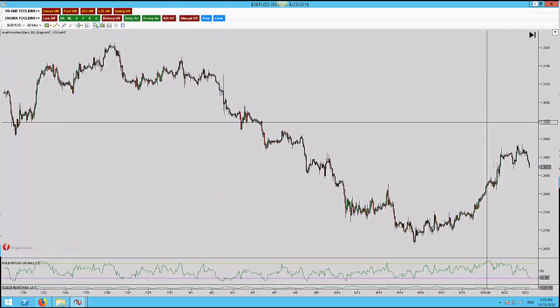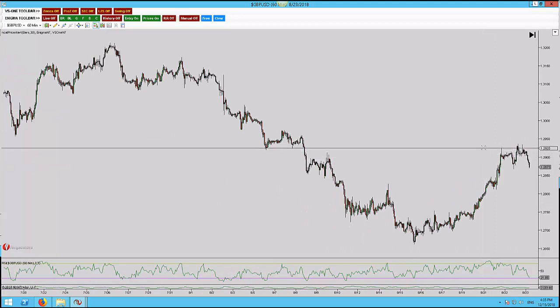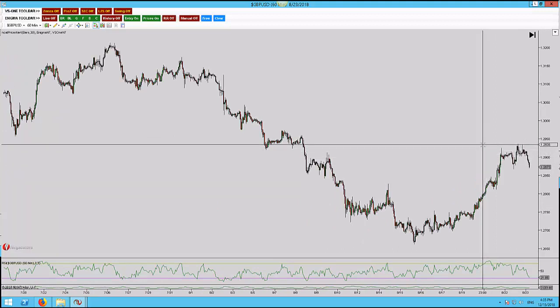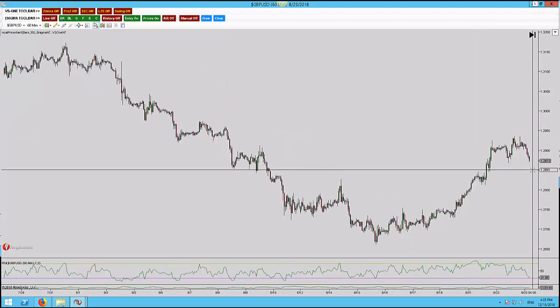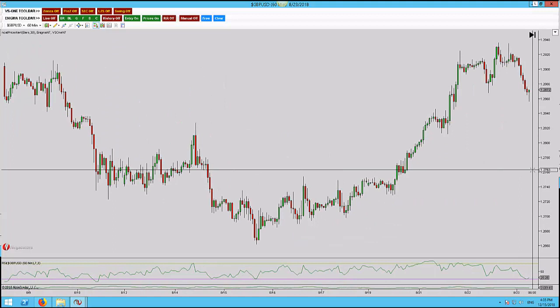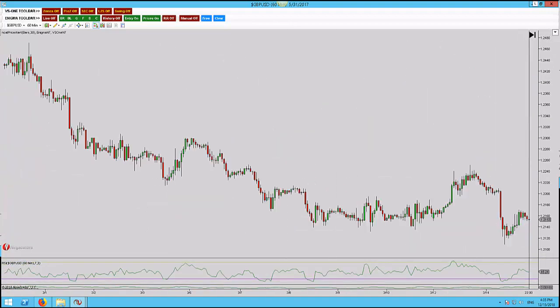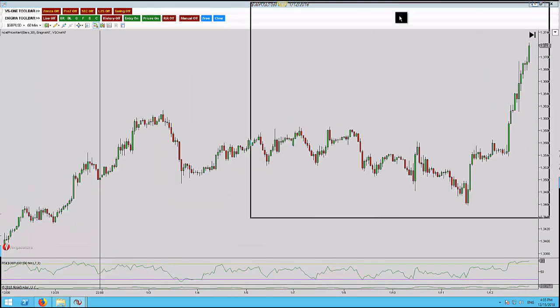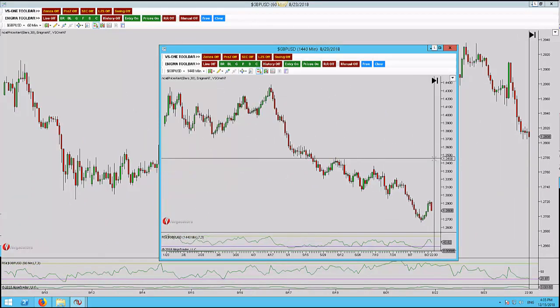Okay, so what I'm looking at here, right, we've come into structure, so that's nothing I'm interested in there. We could be looking at a head and shoulders here actually now. So let me just bring over the daily time frame.